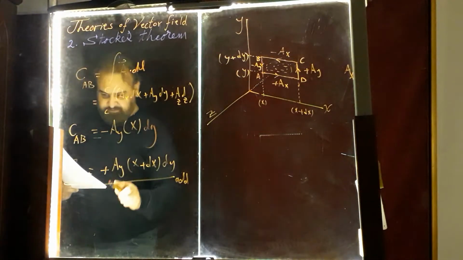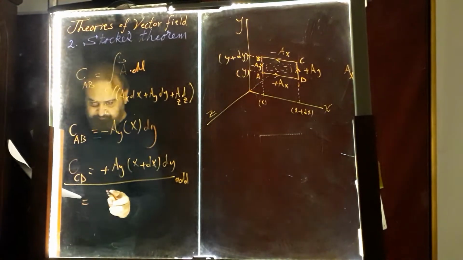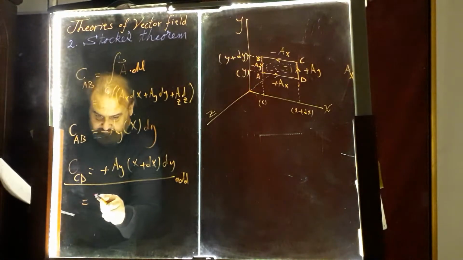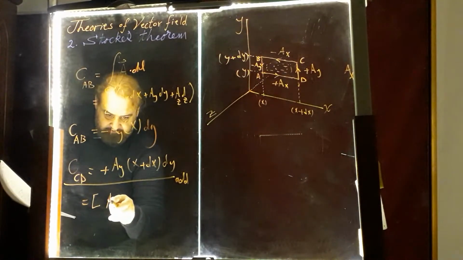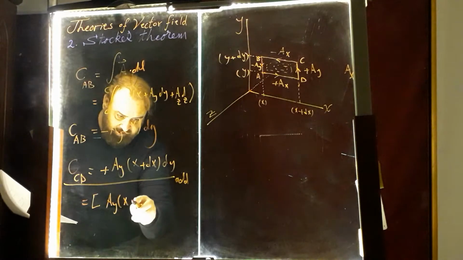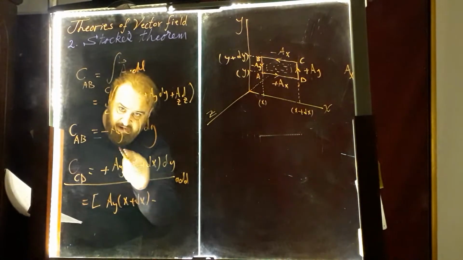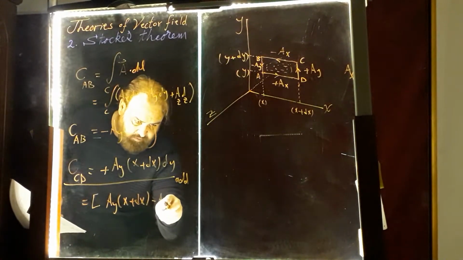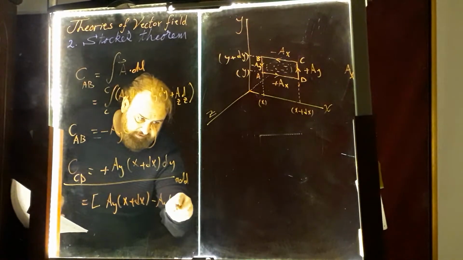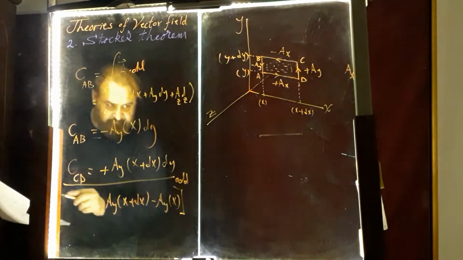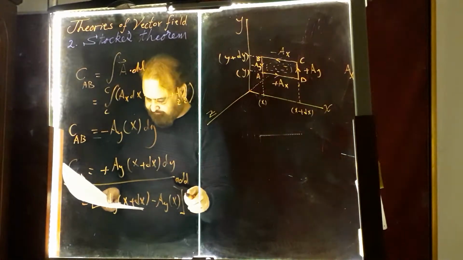I will add the two equations to obtain A sub y of x plus dx minus A sub y of x, dy.